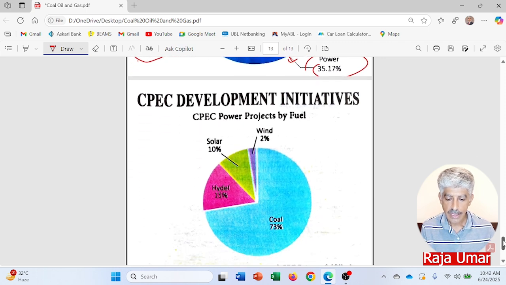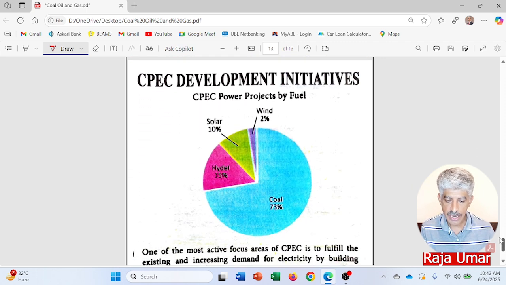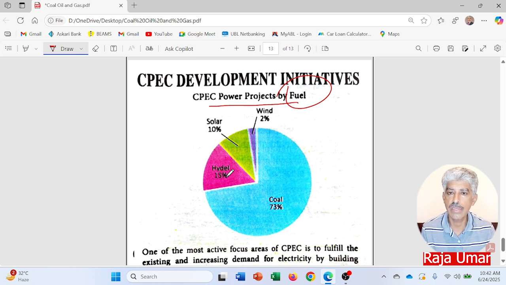So, the CPEC development initiative regarding the development of projects by fuel. As you know, CPEC is not only the trade route linking Gwadar port across Pakistan with three different routes, that is the eastern, central, and western route through the Karakoram Highway up to China.